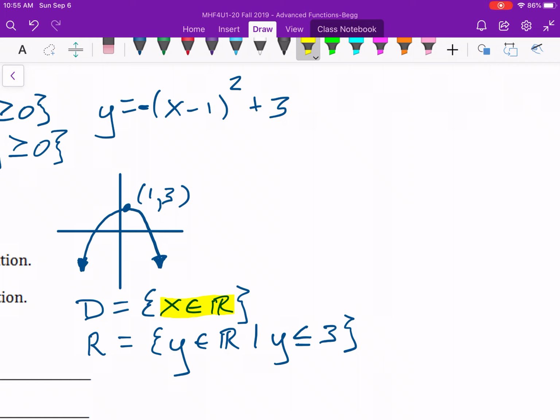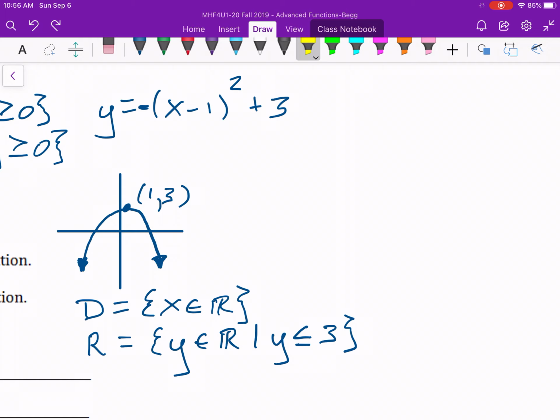And then it's saying X. This here, that thing that looks sort of like an E, means is a member of. And then this R with the two upright sticks represents real numbers. So real numbers, remember, are decimals, whole numbers, natural numbers. We'll review that in a second, but basically every number we can think of, that's real numbers. So really, all this is saying is that the domain is any X value you can think of.